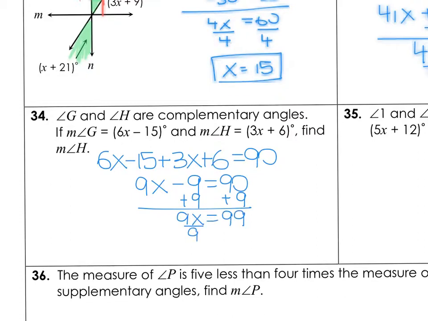Divide by 9. And once again, it's not done. It wants to know measure of angle H. So H is 3 times 11 plus 6.